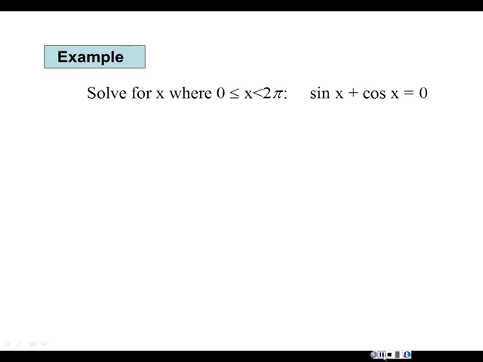Tan 45 equals 1, but we have the negative value. Okay, now, first of all, how do you proceed? Any clue?